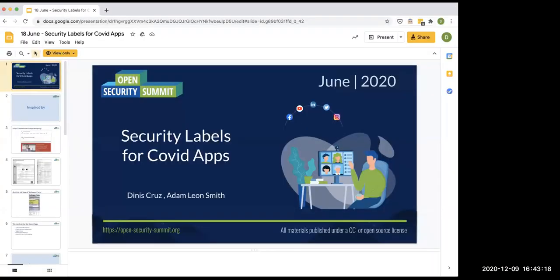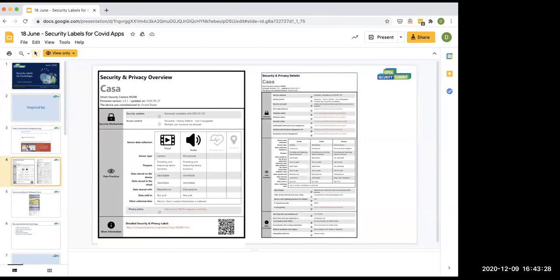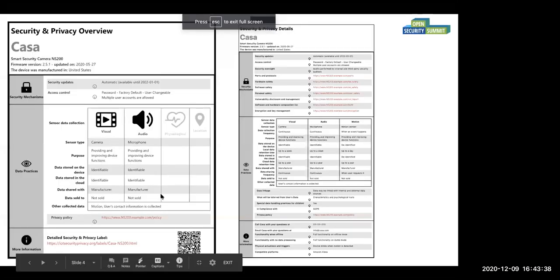Yeah, so what's interesting about this, and it might actually be a better pattern, is that you almost need a granularity here. If you look at this, what we've done is inspired by the work that IoT security has done, which is this really nice sort of maturity label of what is actually happening.